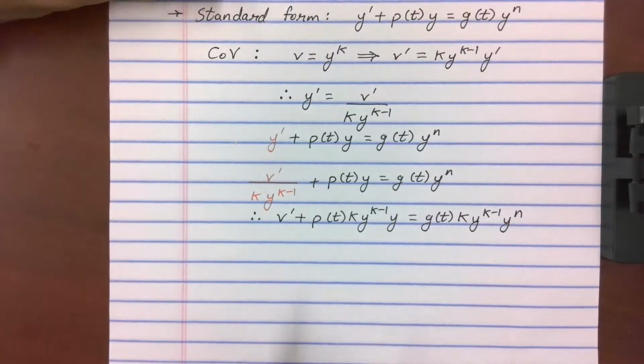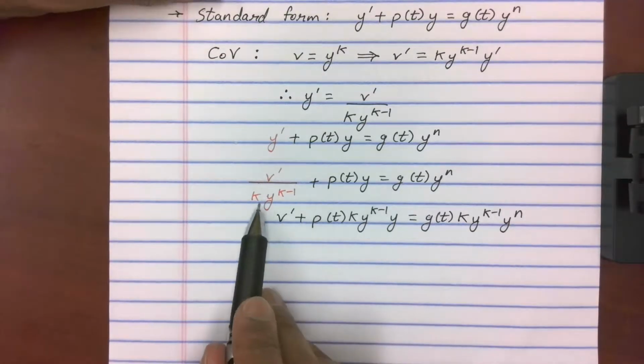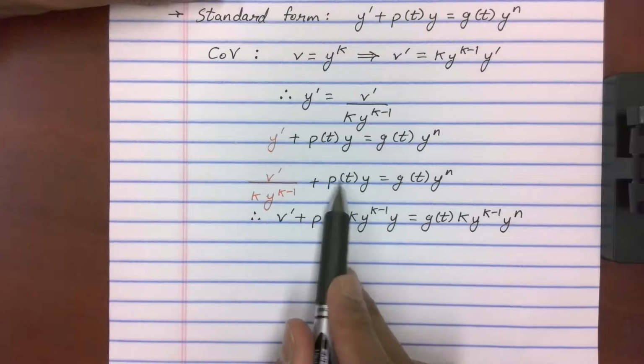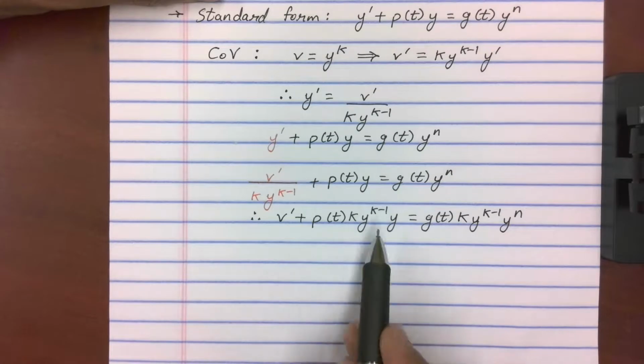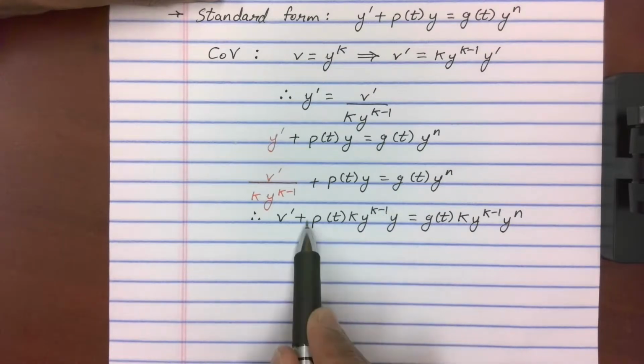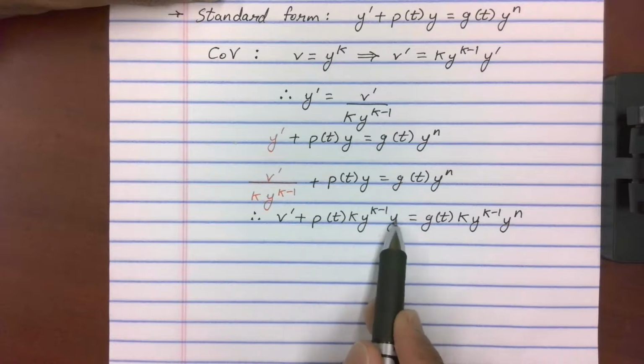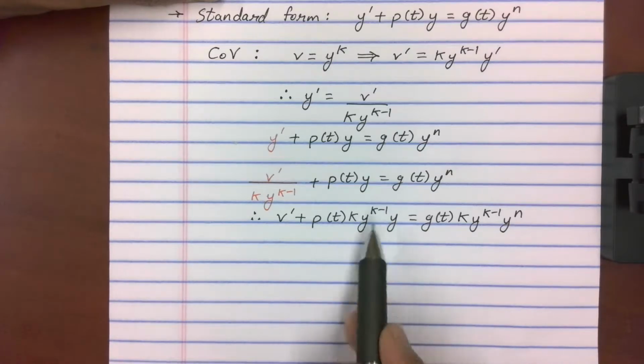Now notice here that I'm multiplying this denominator in between p of t and y, because in multiplying terms together we can swap the order of multiplication. I could have multiplied this in the front of p of t, or after this y, or in between p of t and y. So either way.